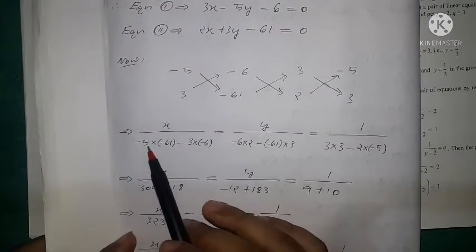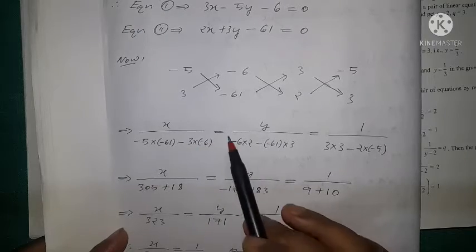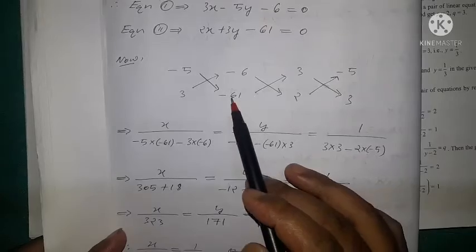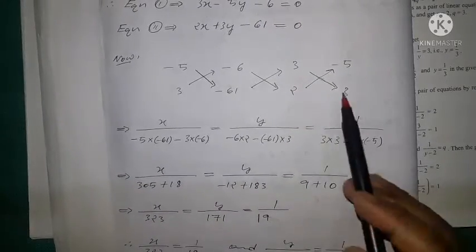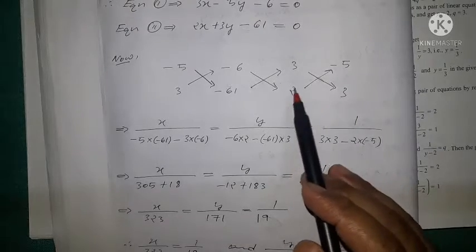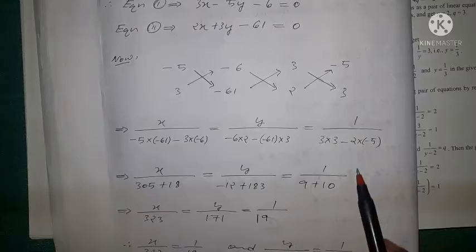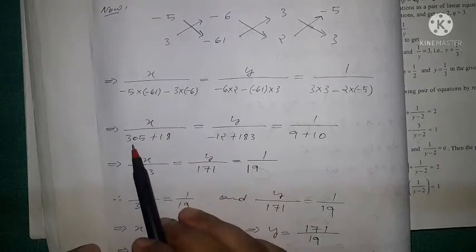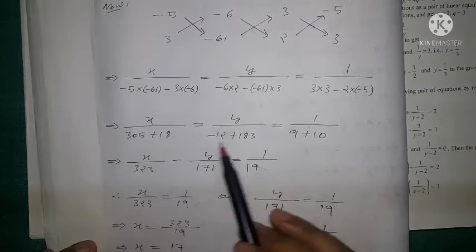It is x by minus 5 into minus 61 minus 3 into minus 6, again y divided by minus 6 into 2 minus 61 into 3, again 1 by 3 into 3, and when we go from down, it is minus 2 into minus 5. So it is x: minus 5 into minus 61 is 305, minus 3 into minus 6 is 18, so plus 18.